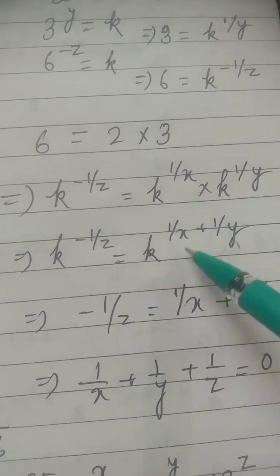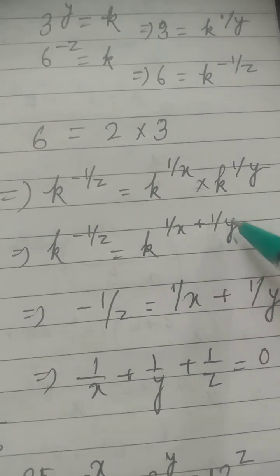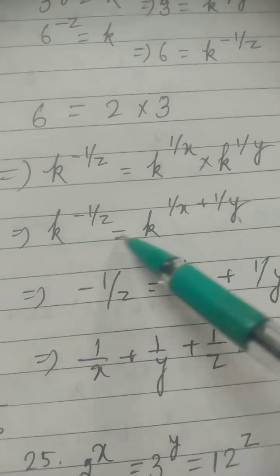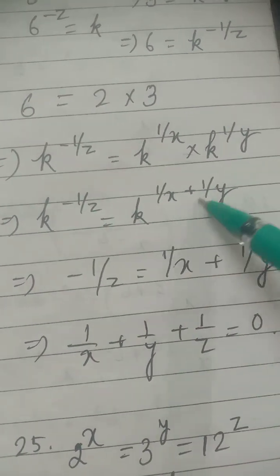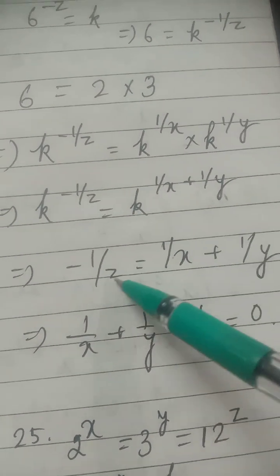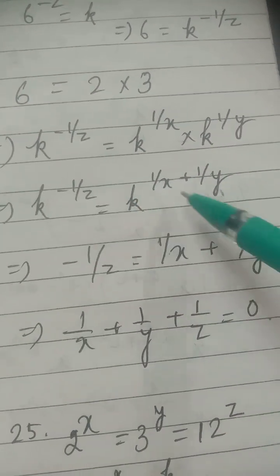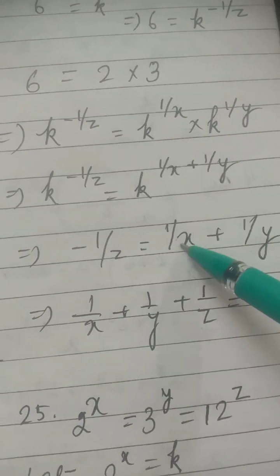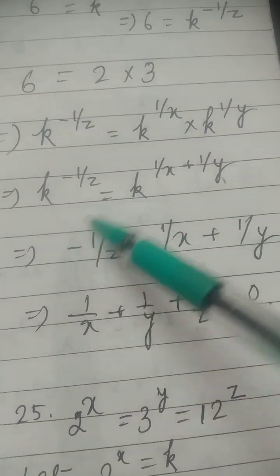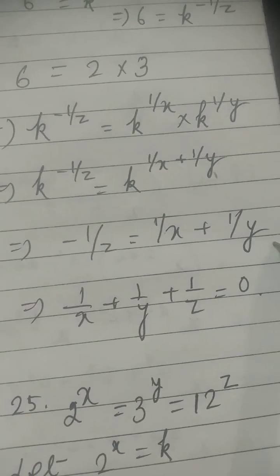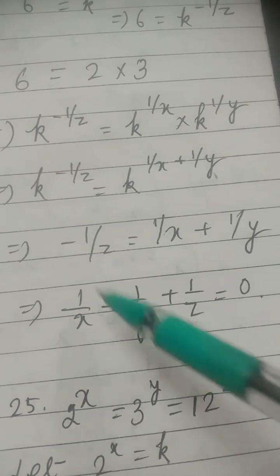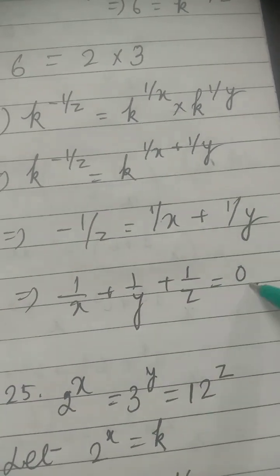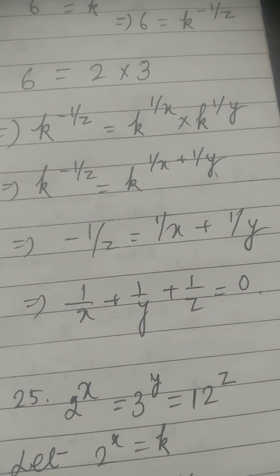So we can write k to the power 1 by x plus 1 by y. Now here the base is the same, so the exponents will also be the same. So minus 1 by z equals 1 by x plus 1 by y. This implies 1 by x plus 1 by y plus 1 by z, side change, sign change, so all will come to this side and it equals 0.